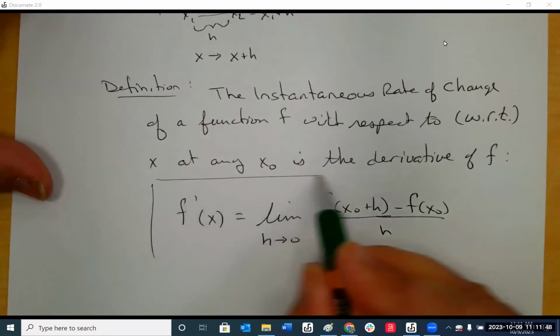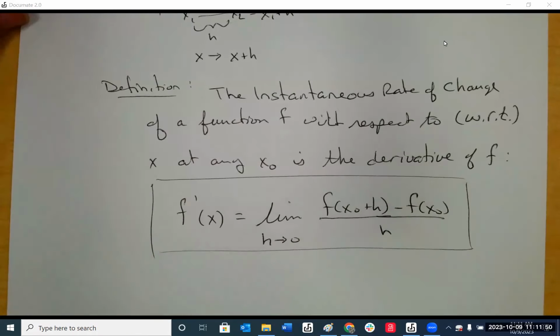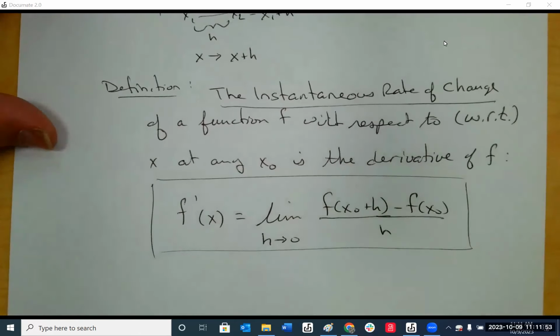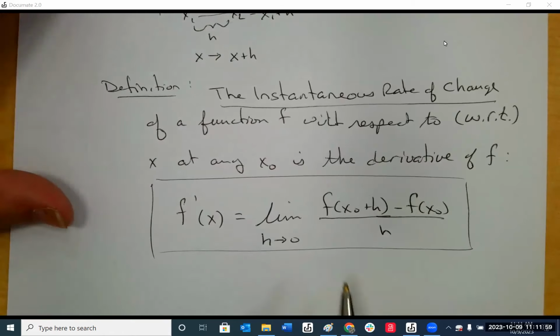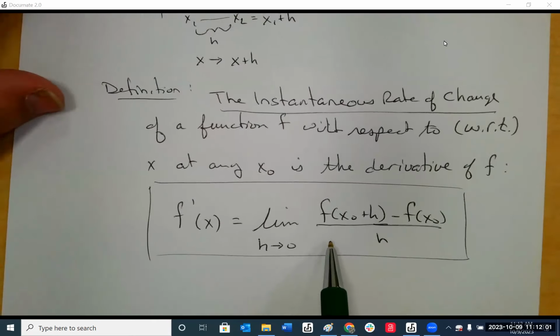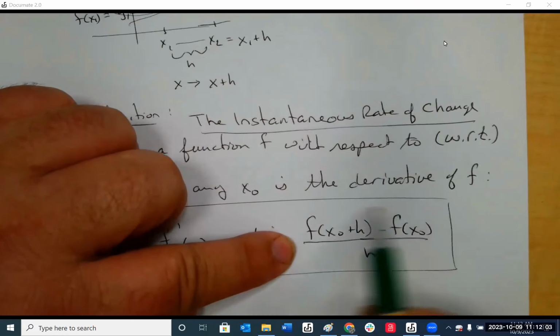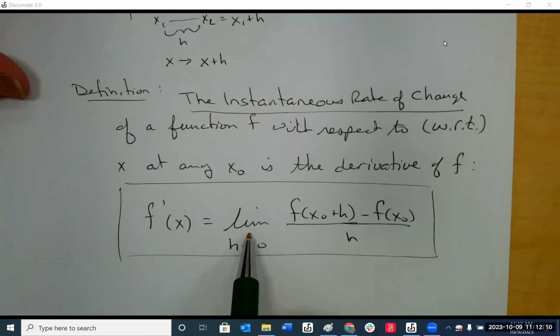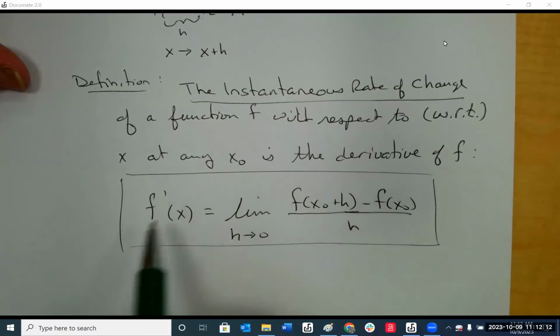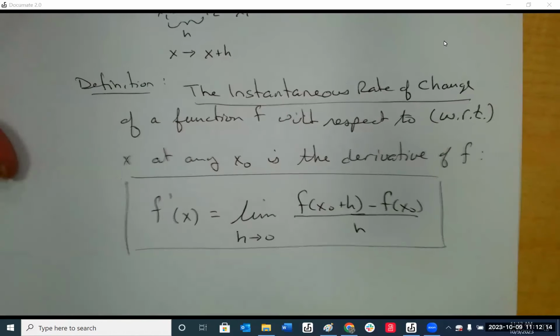So here's one of the formulas we'll be using for the instantaneous rate of change. So what does this tell us? What is this part? That's the average rate of change. So if we take the limit of an average rate of change, then we have the instantaneous rate of change.